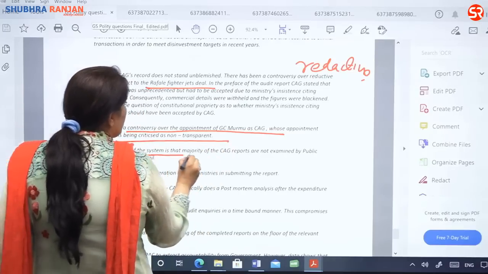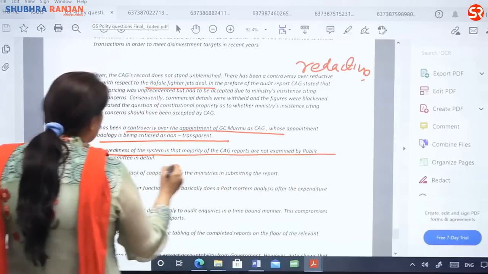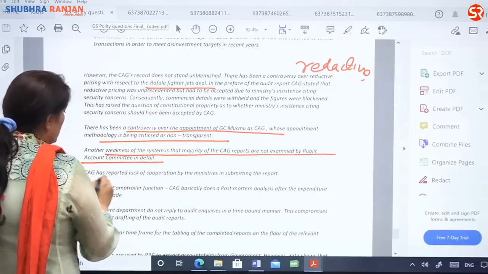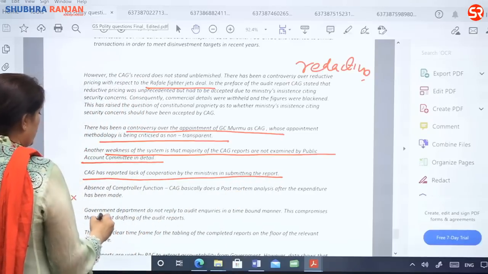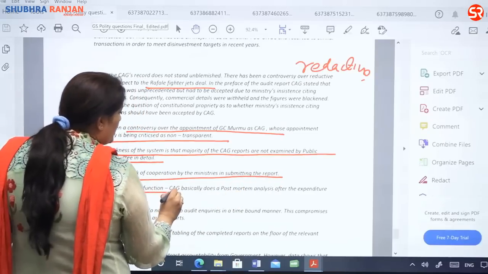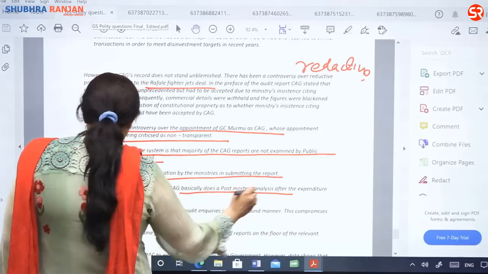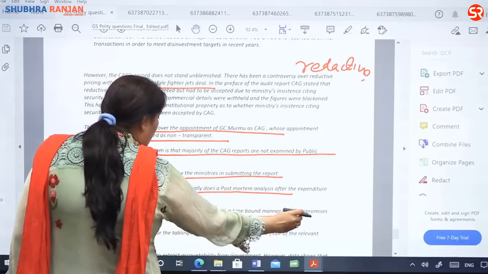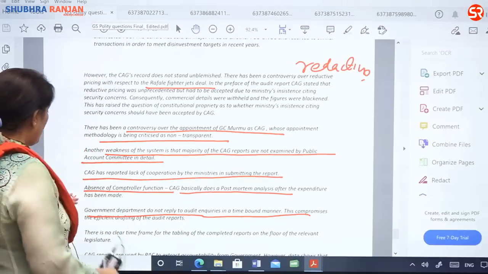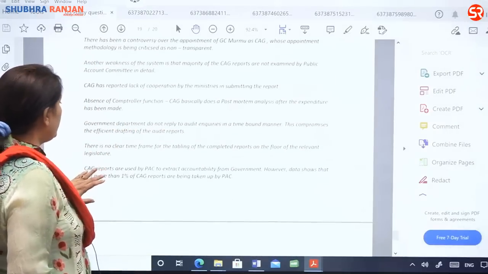Another weakness is that the majority of CAG reports are not examined by the Public Accounts Committee. CAG has reported lack of cooperation by ministries in submitting reports, and absence of a controller function. CAG basically does a post-mortem. Government departments do not reply to CAG inquiries in time. There is no clear time frame for tabling the report.